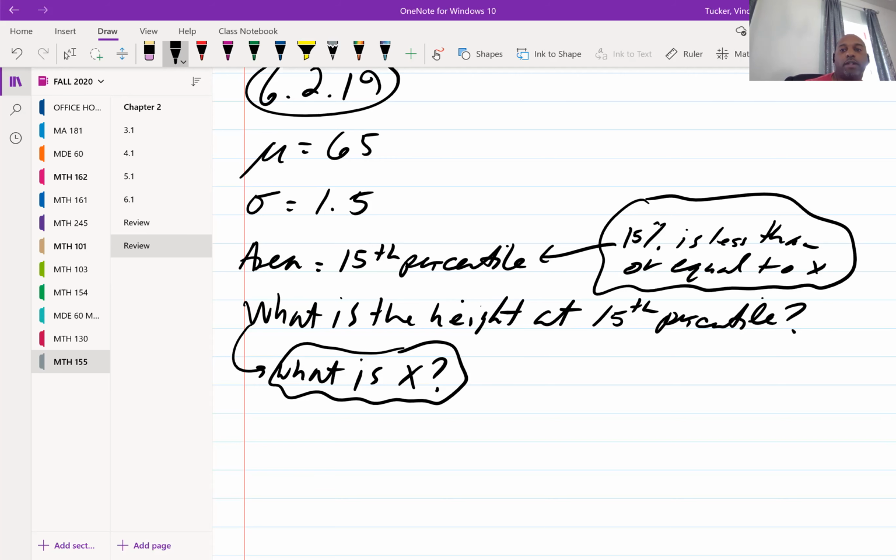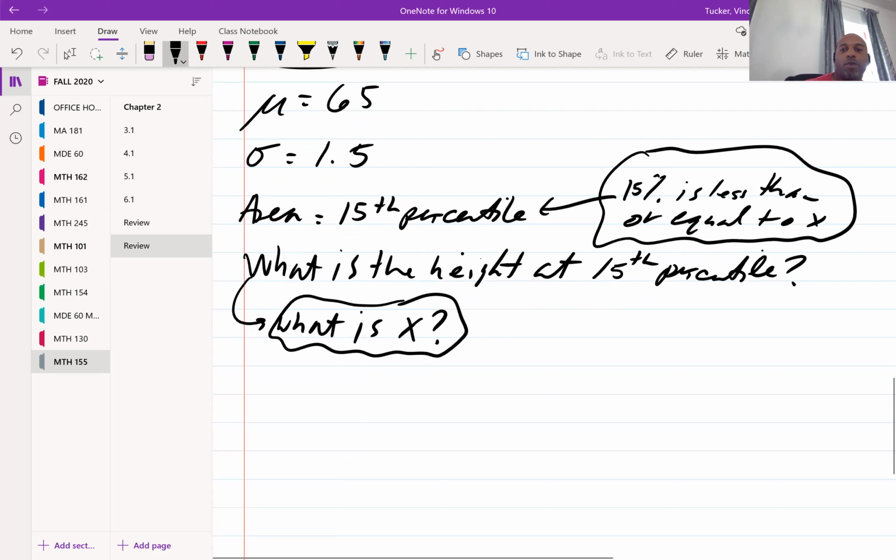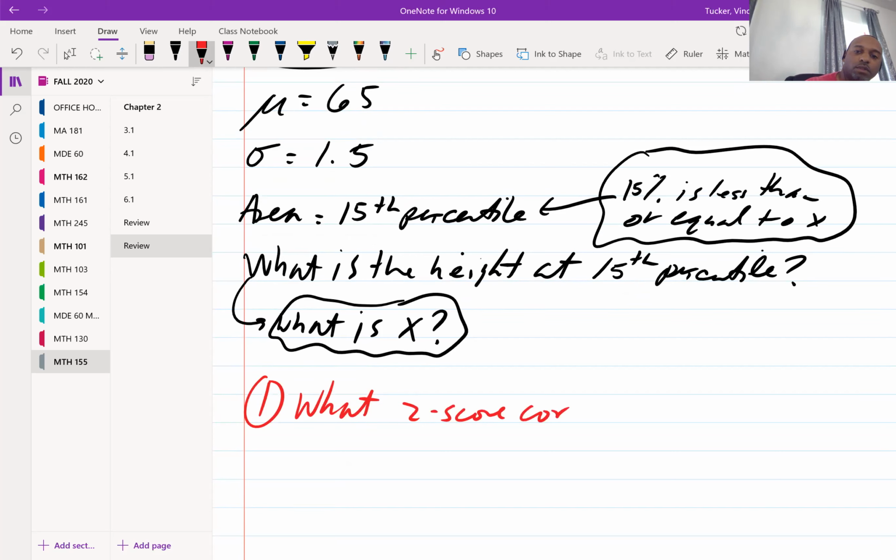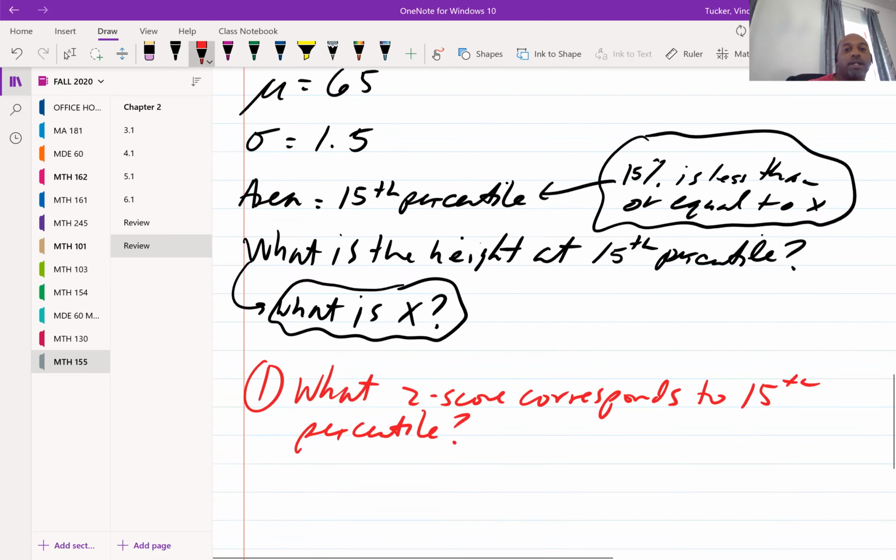All right, so now we have to figure out what z-score. So first thing you want to do is find what z-score corresponds to the 15th percentile.